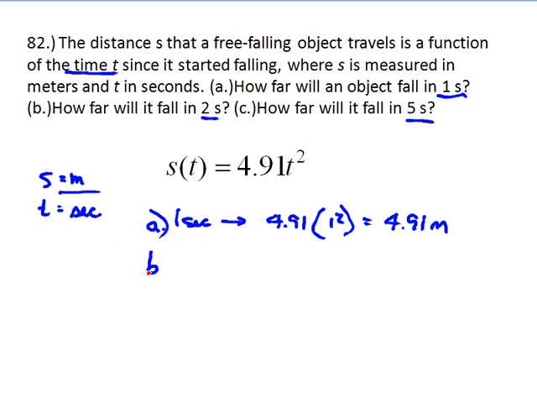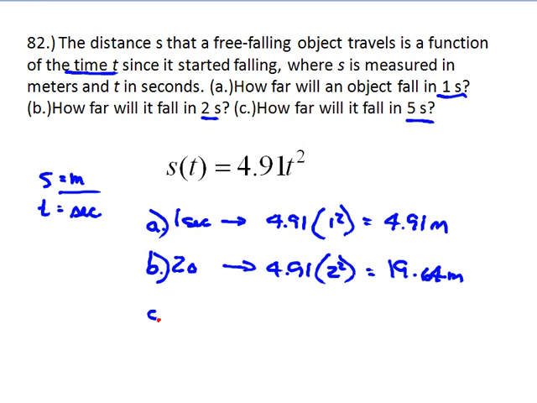Okay, so that wasn't too bad. Now we do the same thing for 2 seconds. 4.91 times 2 squared should give us 19.64 meters.